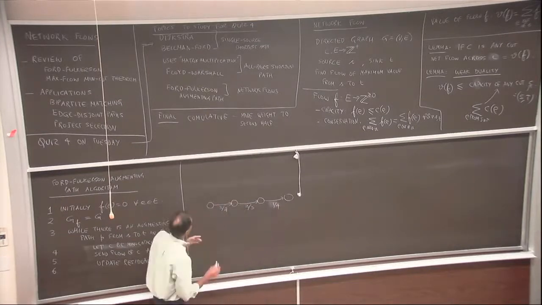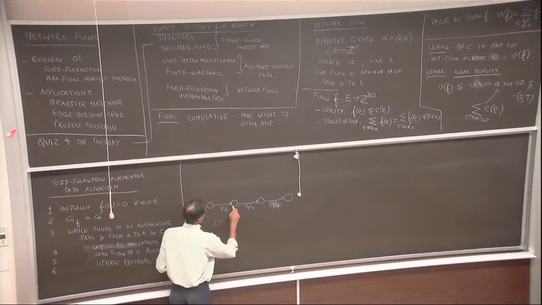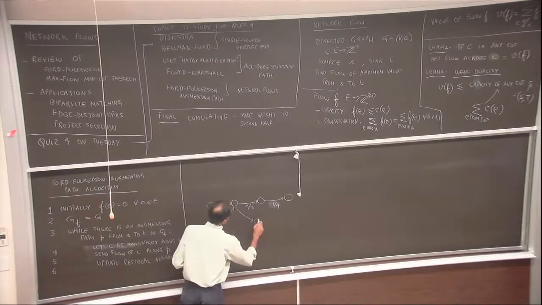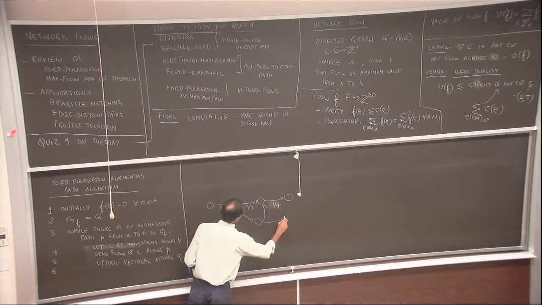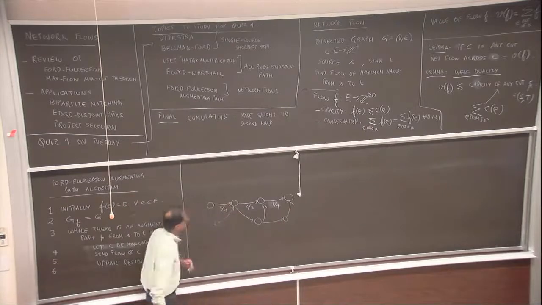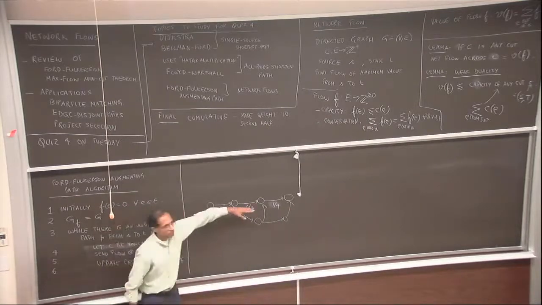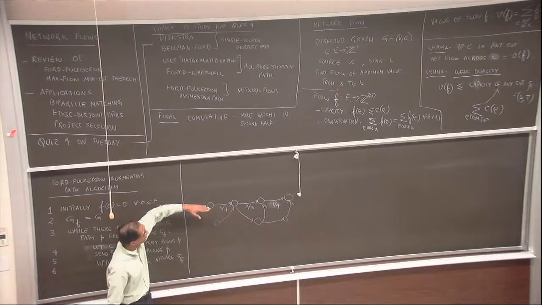Okay. So there are other edges also here, and so on. But you're looking at this part. Let's say this is your augmenting path.